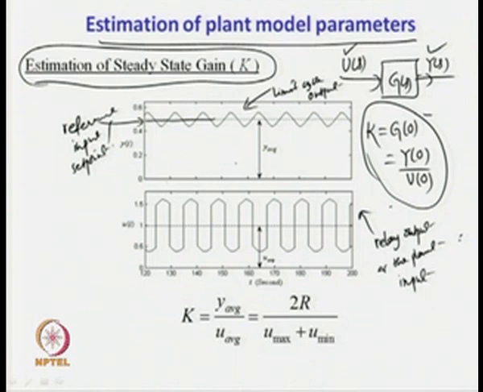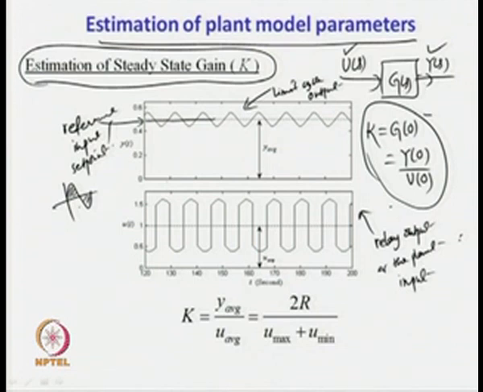Now, if I find the average value of the limit cycle output, that will be equal to the set point value or reference input. Why is that so? Because the limit cycle output is symmetrical and over a period of time the total area will be 0.